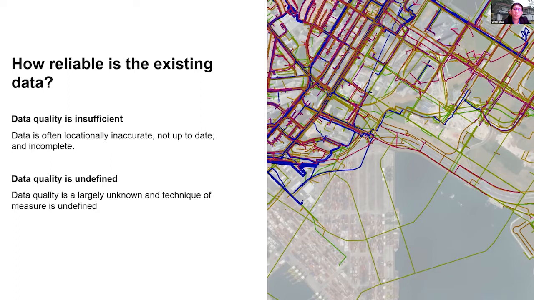And also we found out that the data quality is also undefined. So we do not know which piece of data is of higher quality and which piece of data is really something that we can't use. It is approximation. So the data quality is largely unknown and the technique of measure is also undefined.